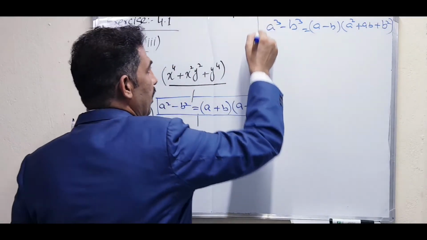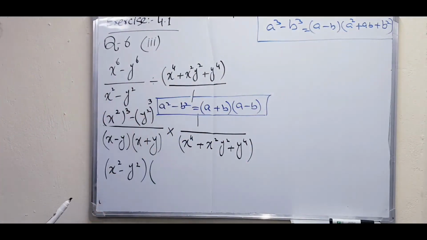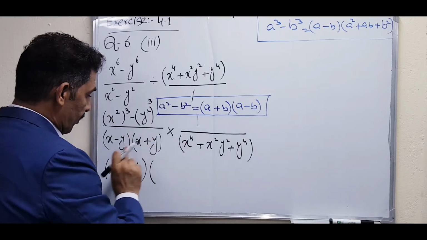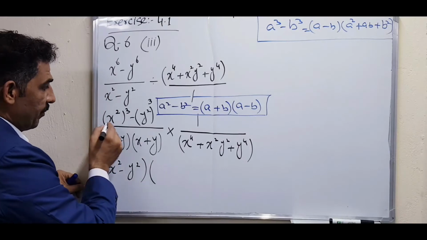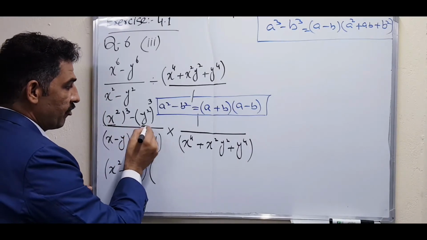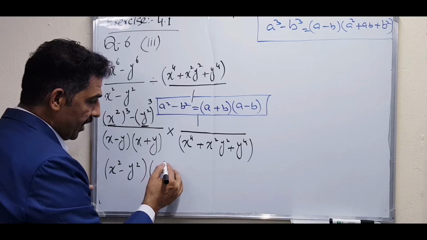I am using this formula on this term, right? So what is in the place of a? At this time the place of a is x square and the place of b is y square. So we have to write x raised power 4.